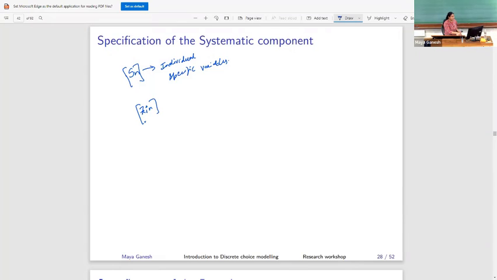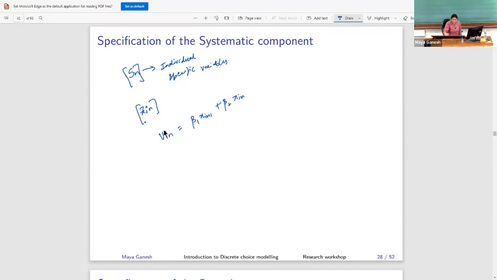So the second question for us would be, what is a reasonable functional form for that V component, the observable component? If we define the betas as the unknown parameters, we could start off with a linear framework. So I could say this V_in could be, let us say, beta 1 x_in1 plus beta 2 x_in2.